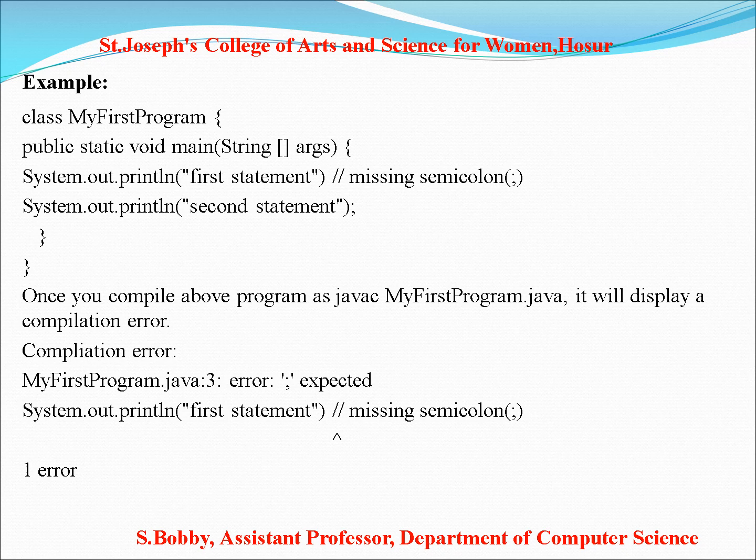See the example program in Java: class MyFirstProgram, the main method, then print the statement System.out.println, first statement, here missing the semicolon. Next statement, System.out.println, second statement with semicolon, close bracket.